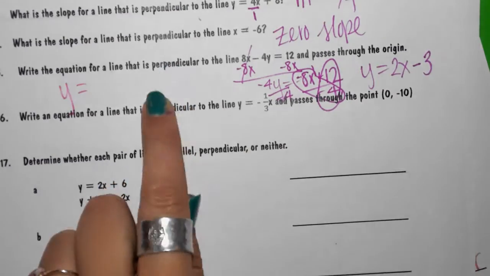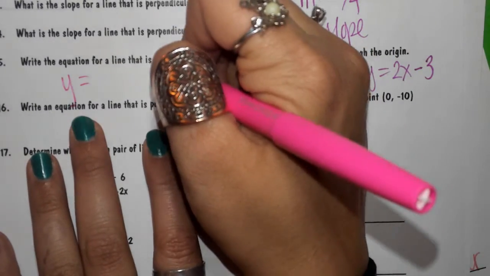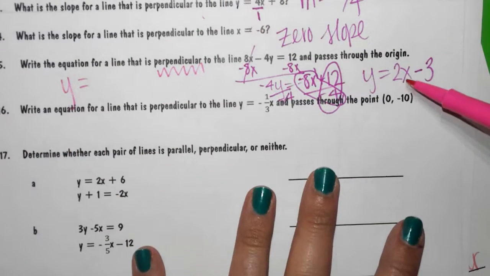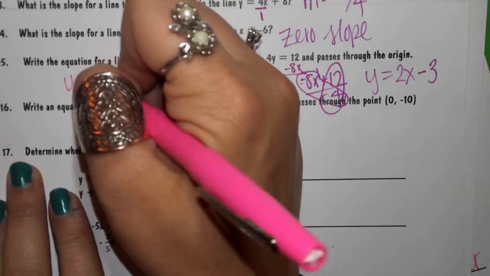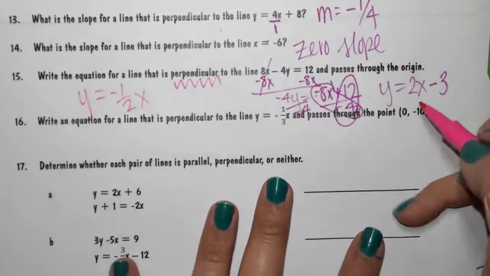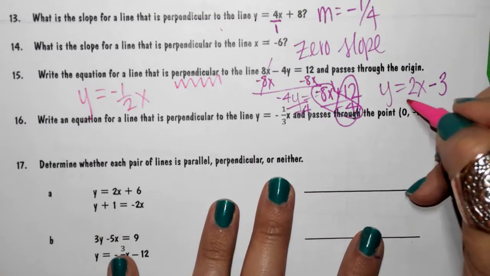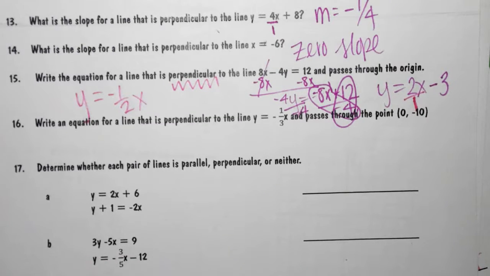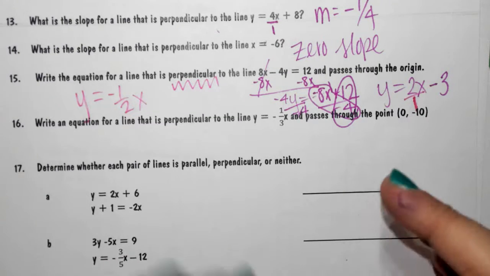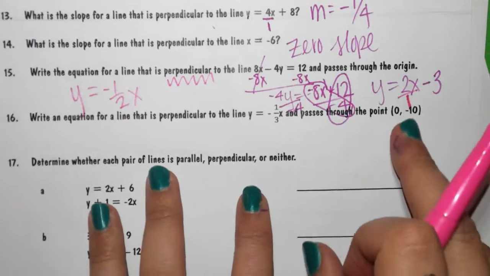Now, I need the perpendicular line, right? What is the opposite reciprocal of 2? Negative 1/2. Now, what are all whole numbers hanging out with? A 1.